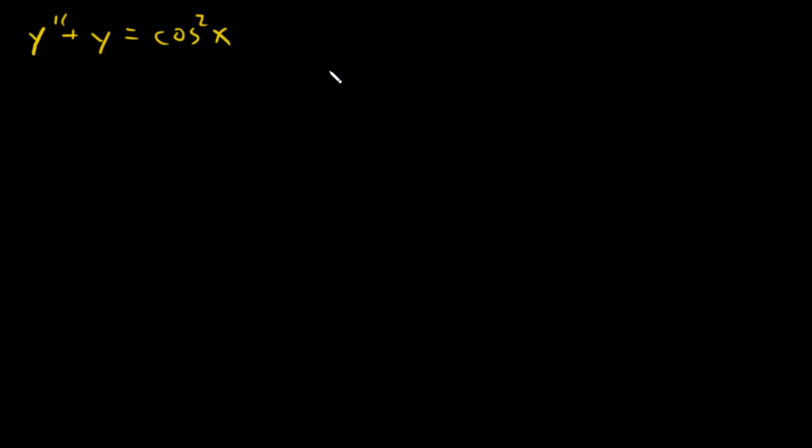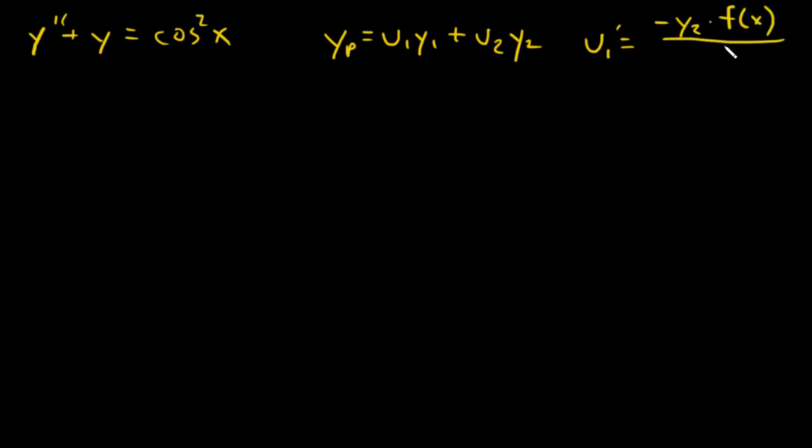Let's recap: y sub p is equal to u1 y1 plus u2 y2, and we also have that u1 prime is equal to negative y2 times f of x over the Wronskian, and u2 prime is equal to y1 times f of x over the Wronskian.